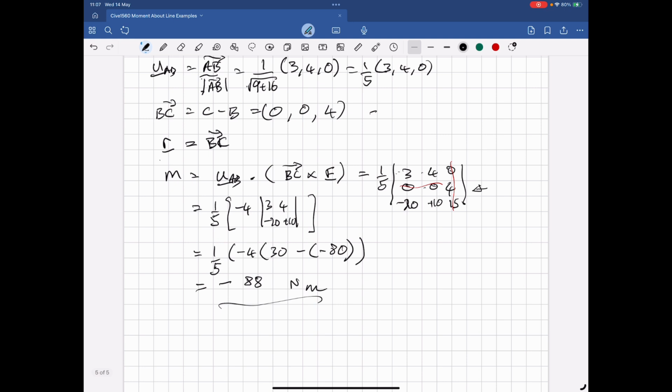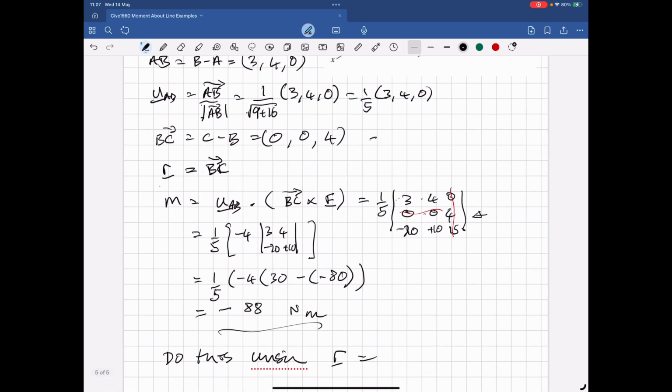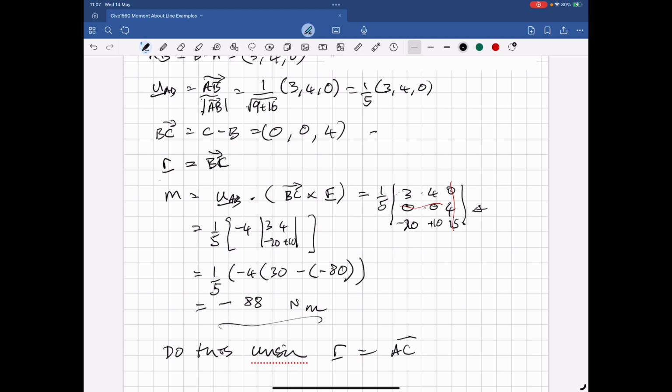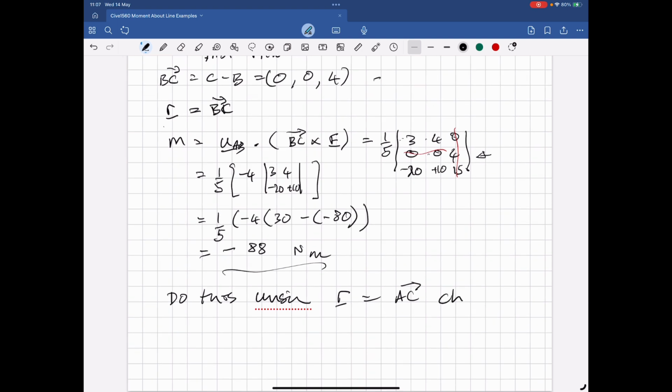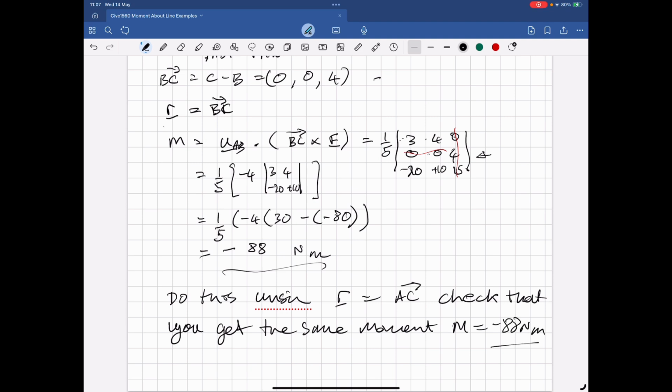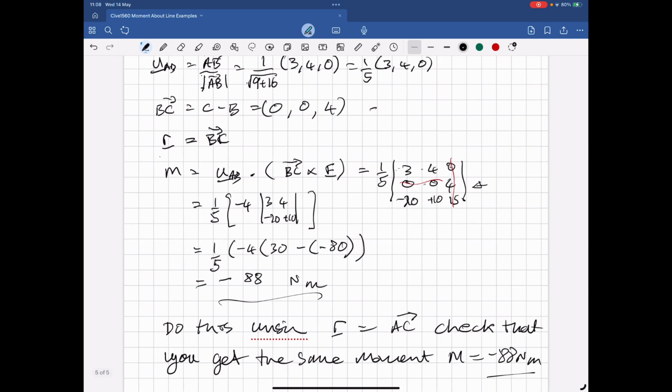And you can do this using R is equal to AC. Check that, you get the same moment. M equals minus 88 Newton meters. Exercise for you. Okay, thank you.